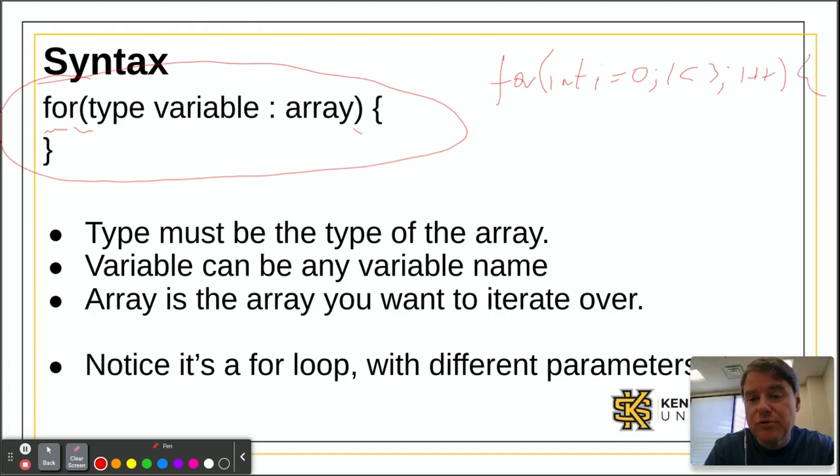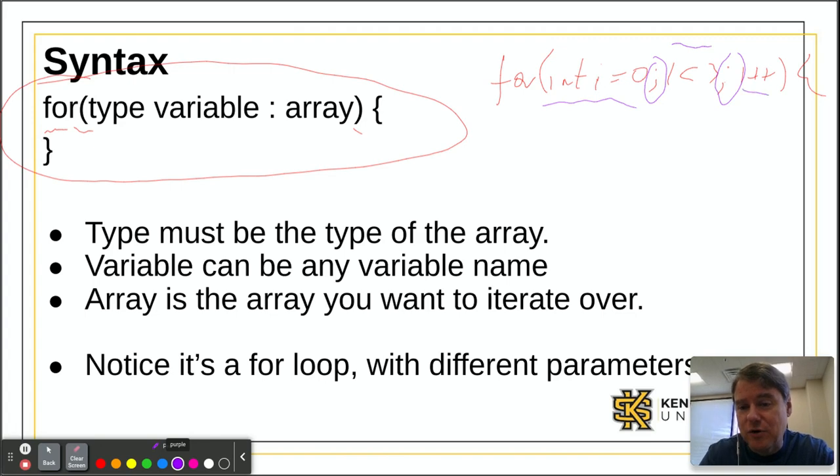And there were 3 parameters, and they were separated very specifically by semicolons. Remember that? There was a semicolon between each of the 3 parts. The first part was the initialization, the second part was the test, and the third part was the increment or decrement.